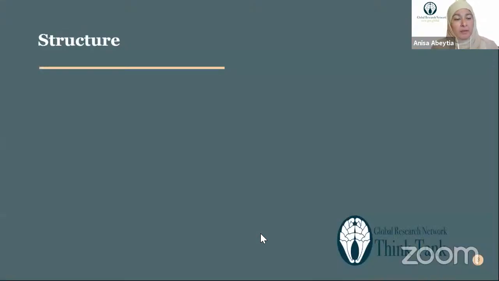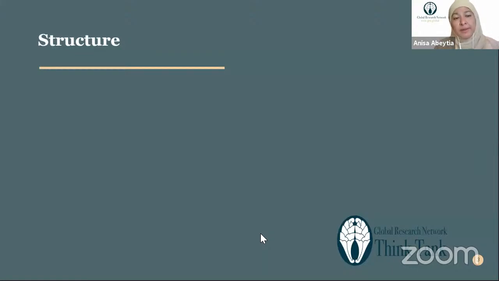So before we begin, I'm going to go over briefly the structure of policy memos. There are different ways you can structure them. Depending on who you're writing for, they're going to provide the template that they want, or if it's for something academic, they'll let you know what template you're going to use.